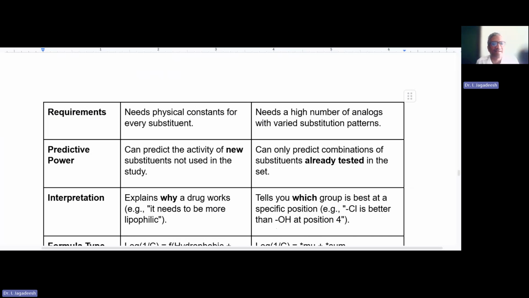This is how they differ. Hansch analysis can predict the activity of a new substituent not used in the study, but Free-Wilson analysis can only predict combinations of substituents already tested in the set.